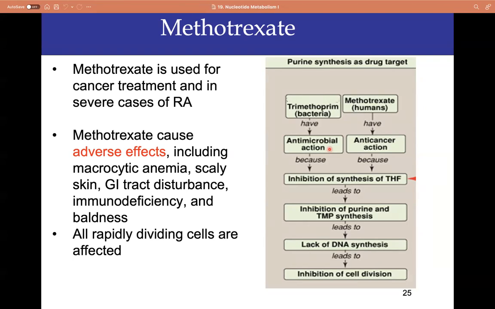So that's all you really need to know, that this drug affects rapidly dividing cells.